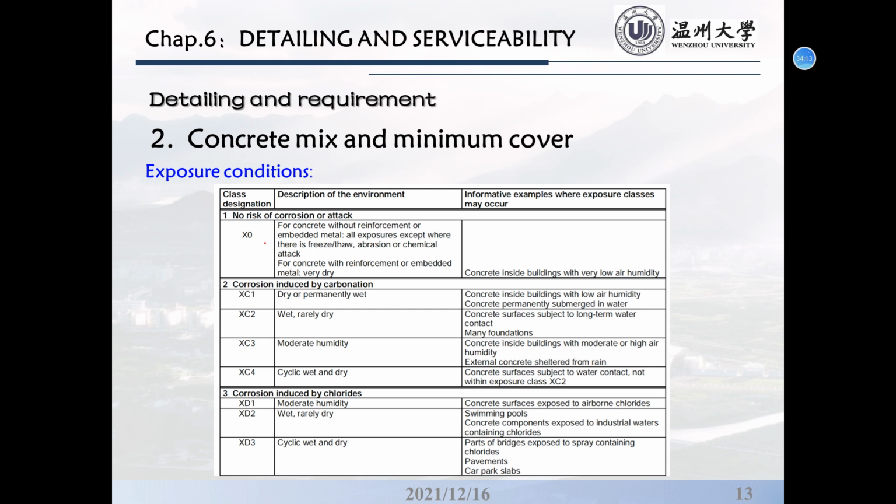For X0, X1, there are explanations to see. X0 means concrete without reinforcement or embedded metal, where the risk is expected to be free. This type means no reinforcement, right?